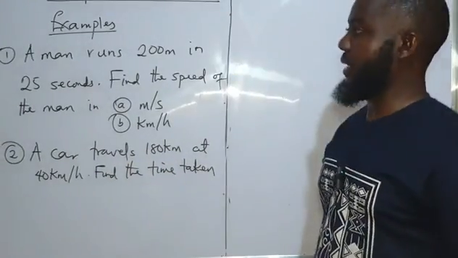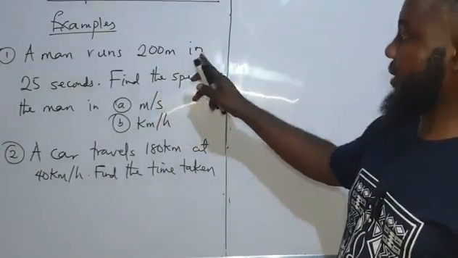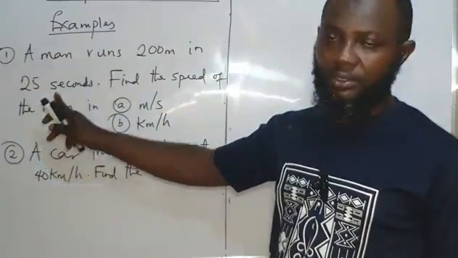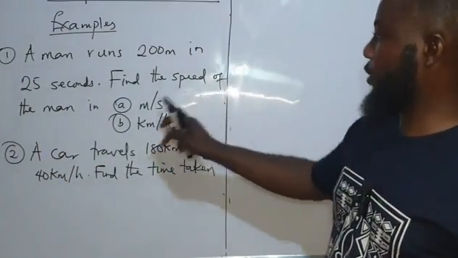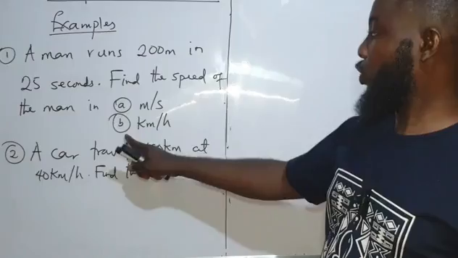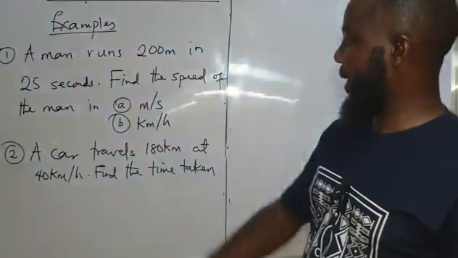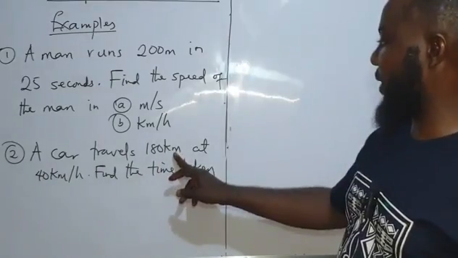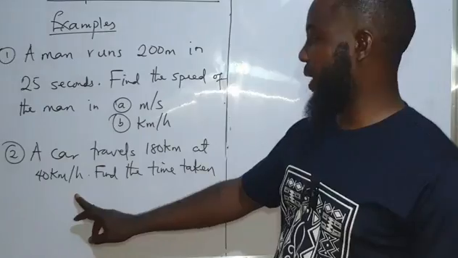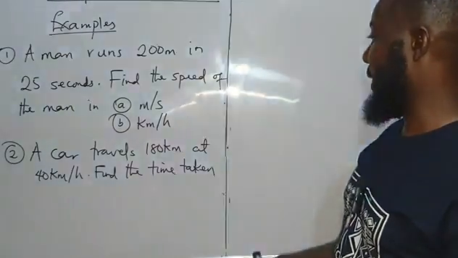The first one is a man runs 200 meters in 25 seconds. Find the speed of the man, A, in meters per second, then B, in kilometers per hour. The second one is a car travels 180 kilometers at 40 kilometers per hour. Find the time taken. So we want to find the time taken by the car.